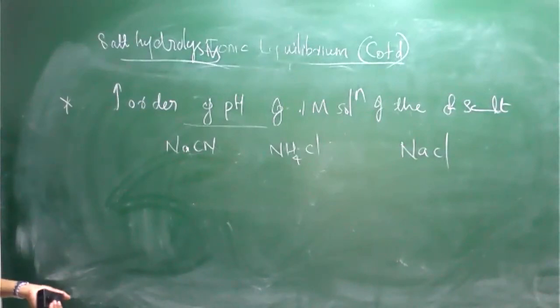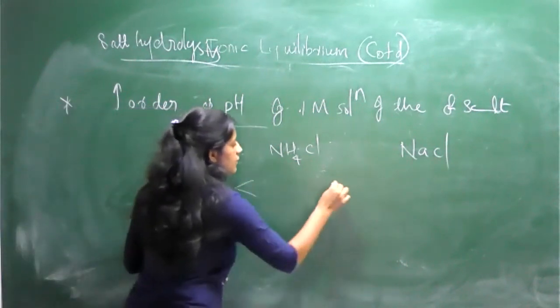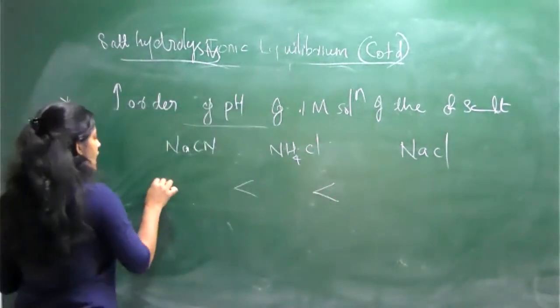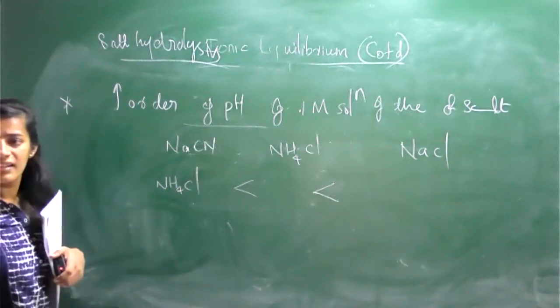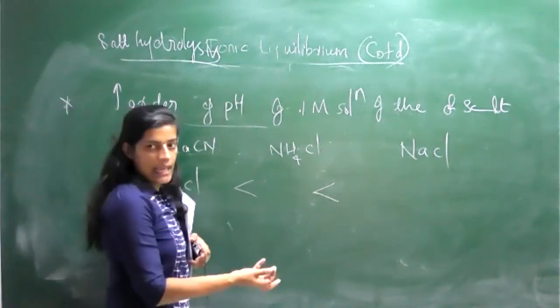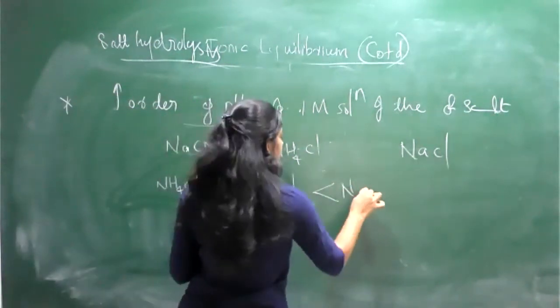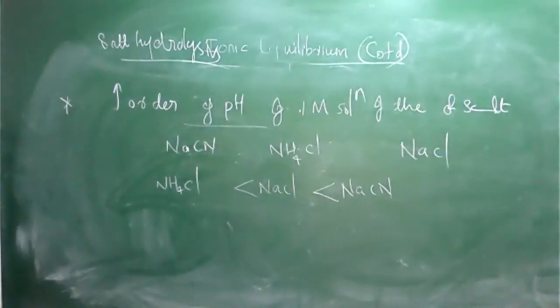Which one is high, which one is low? You are telling NH4Cl, after that NaCl, then NaCN. This is Dhruv's order.